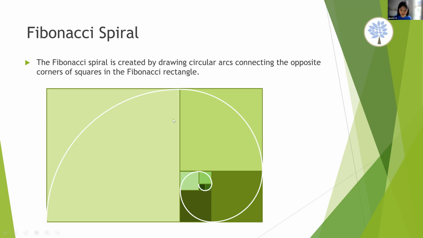So after looking, we have gotten immersed in it. It is beautiful. We'll dive into how the Fibonacci spiral rectangle connects with nature and how it resembles two other spirals.